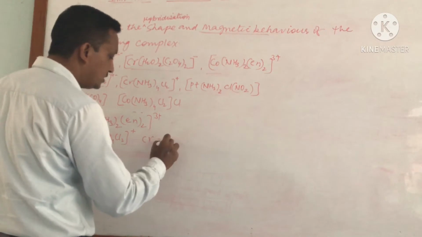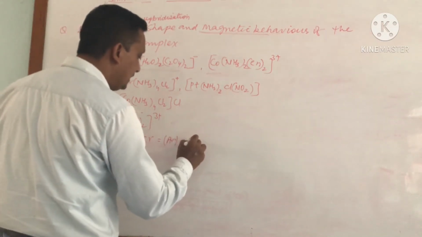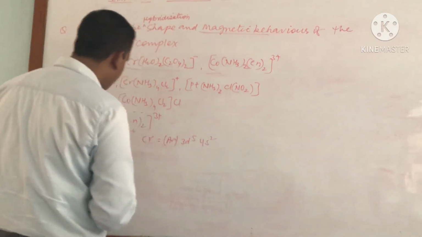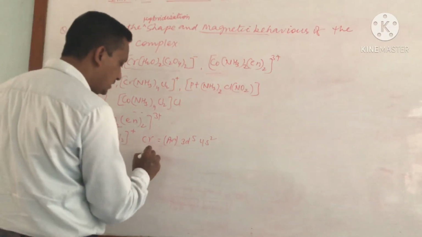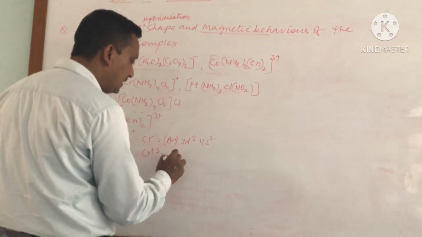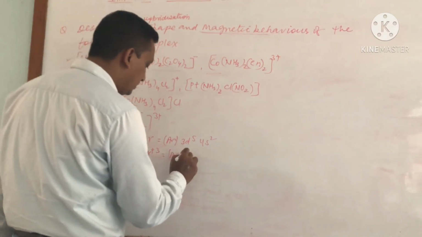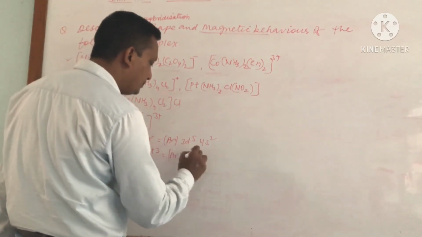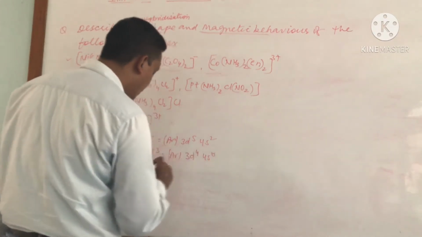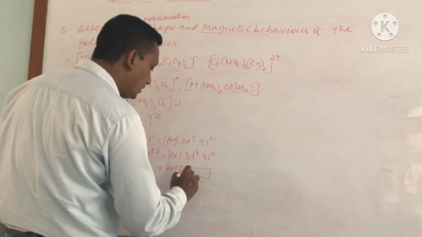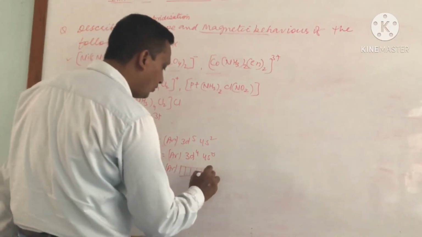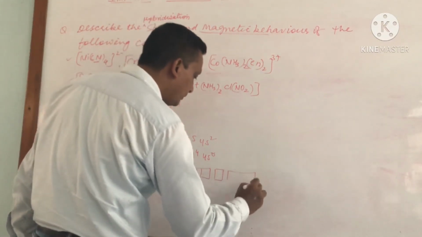The electronic configuration of chromium is 3d5 4s2, and in this complex chromium is in the +3 oxidation state, so Cr3+ would be argon 3d4 4s0. In the orbital diagram we can say 1 2 3 4 5, then the s orbital, then the p orbital.